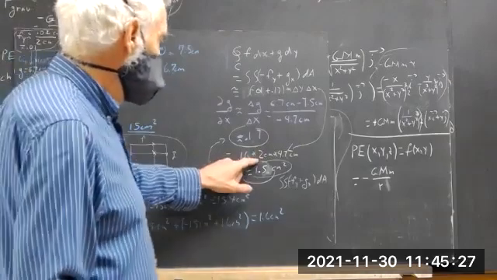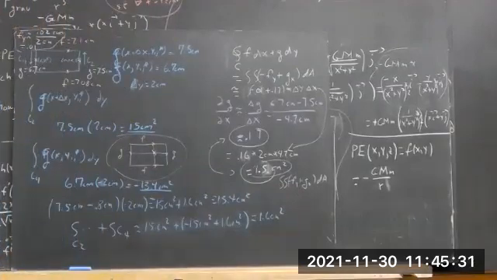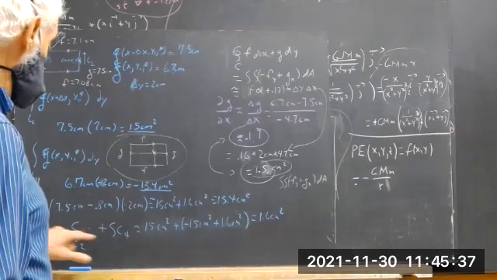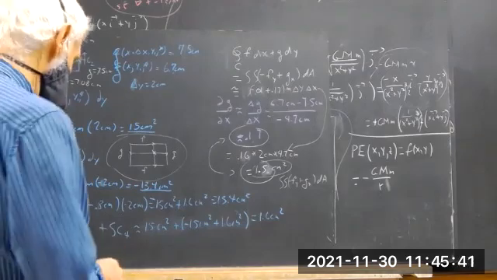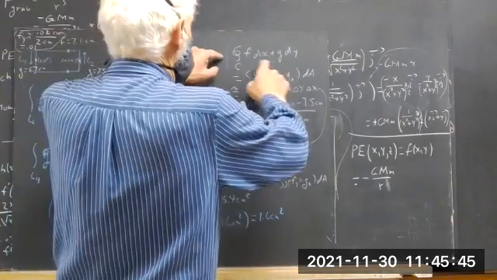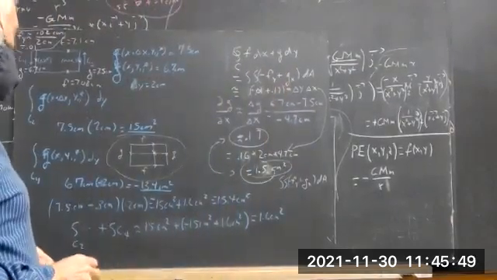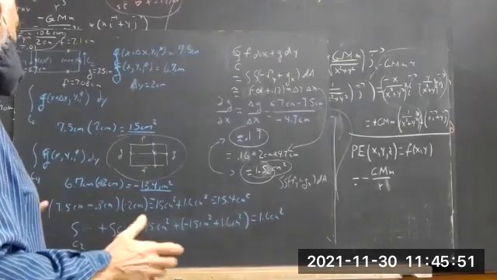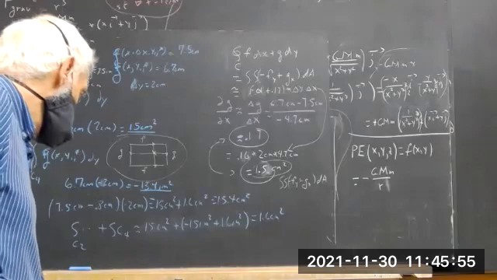But now, compare this to the sum of the two line integrals. Okay, this integral over C2 plus integral over C4, right? This should equal, okay, we don't have the whole thing. Okay.